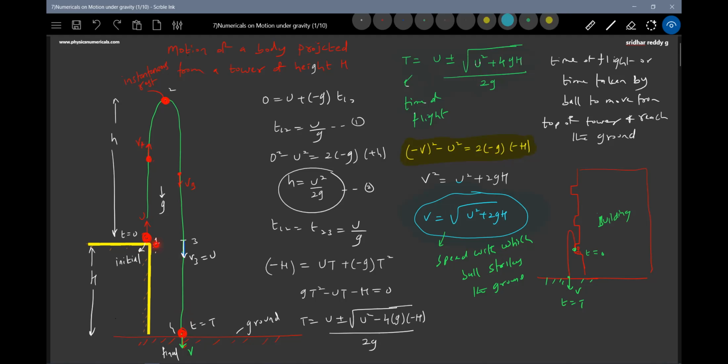It will pass through that initial level and will come and strike the ground. You stand at the balcony, from there you throw a ball, the ball will ascend, again it will pass through and then go and strike the ground. That particular motion of such a ball is what we are describing here. Okay, let's go for plotting of the graphs.